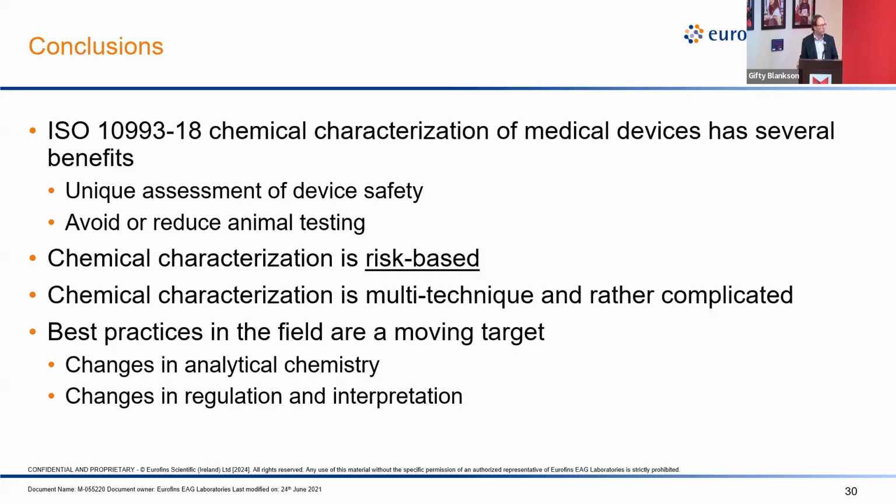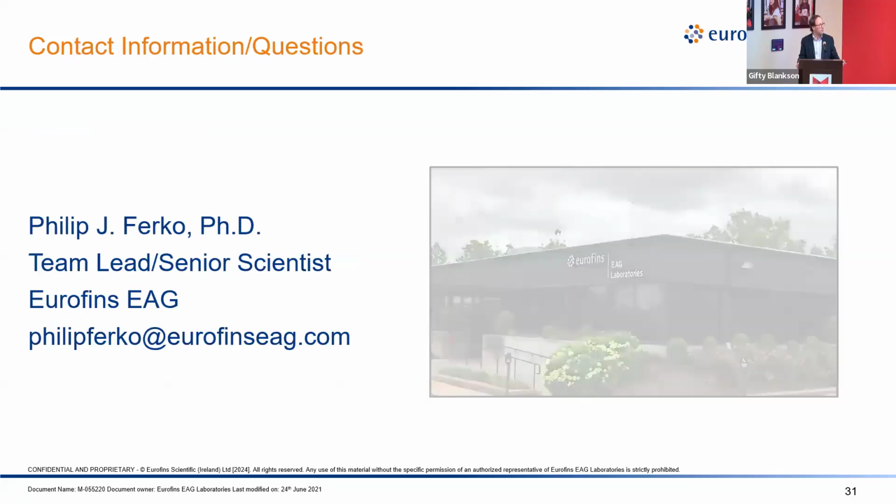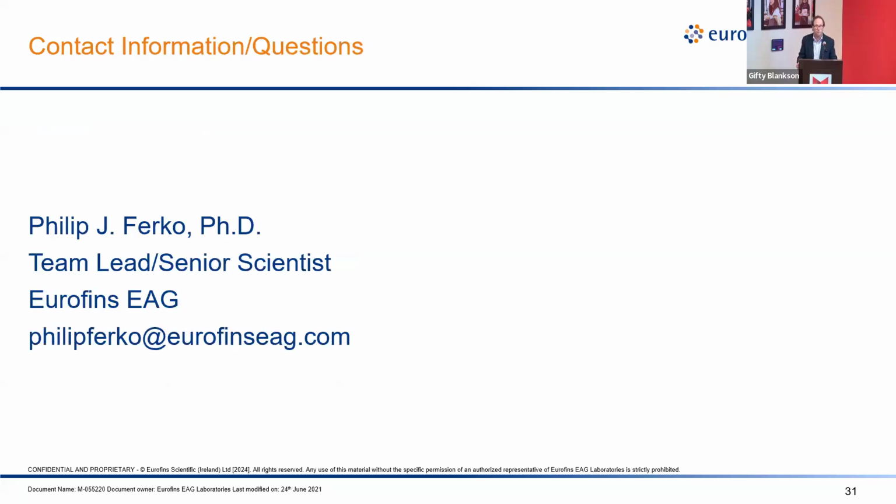You'll see it pretty much everywhere you go if you interact with standards. Chemical characterization is multi-technique and rather complicated, so I won't go too much into that. The best practices in the field are a moving target, and that's because of the changes in analytical chemistry and the changes in regulation and interpretation. So I'd like to conclude with that and see if there are any questions.